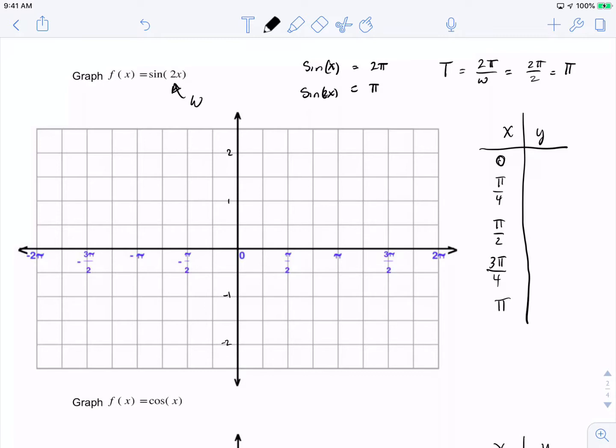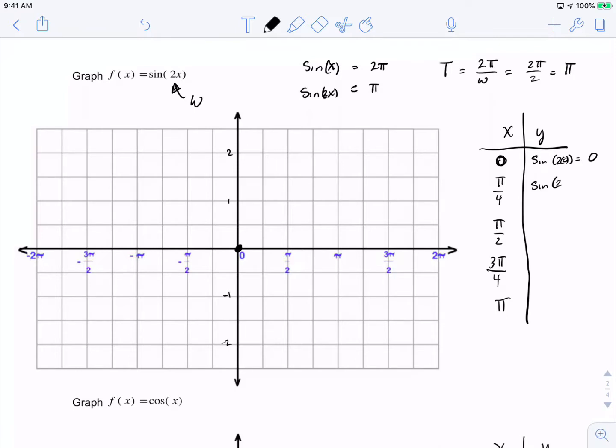So now the points that I'm going to use, again, are easy points to find with the unit circle. Sine of 2 times 0 is going to be sine of 0, and sine of 0 is 0. So we get the origin again. At pi over 4, that's going to end up being 1, but I'll show you how to do that.